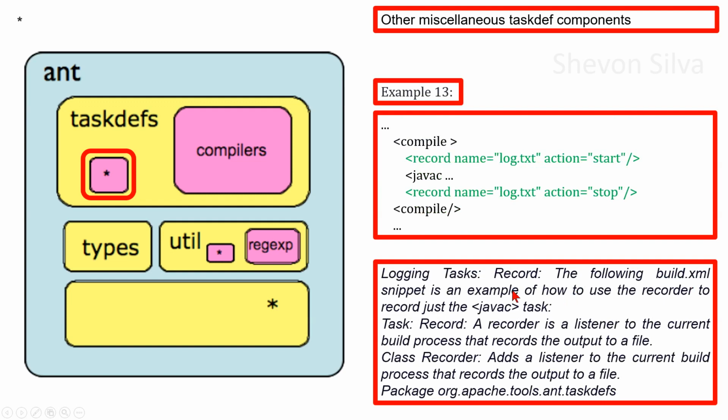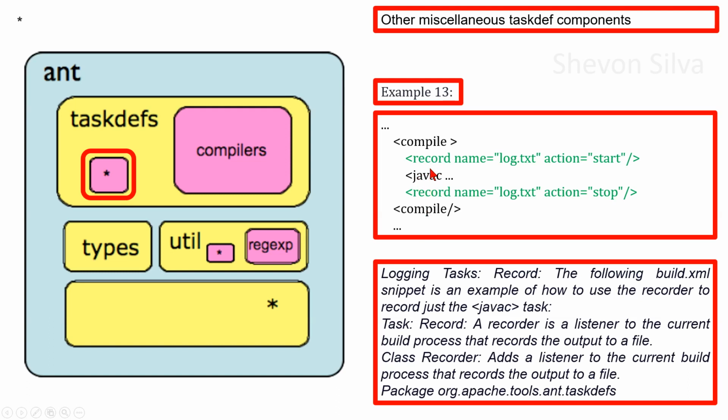Now we are considering record in logging tasks. The following build.xml snippet is an example of how to use recorder to record just the javac tasks.